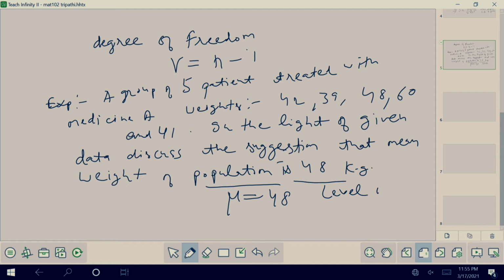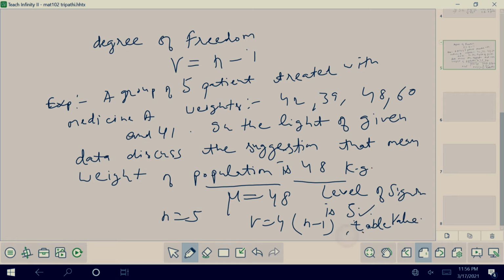This is our level of significance, 5%. Suppose n is equal to 5; in our question you can see the number of patients is 5, but in the case of the t-test the degree of freedom will be 4. 4 means n minus 1, right, and we are given the t value at degree of freedom 4 at the 5% level; the table value of t is 2.776. Okay.